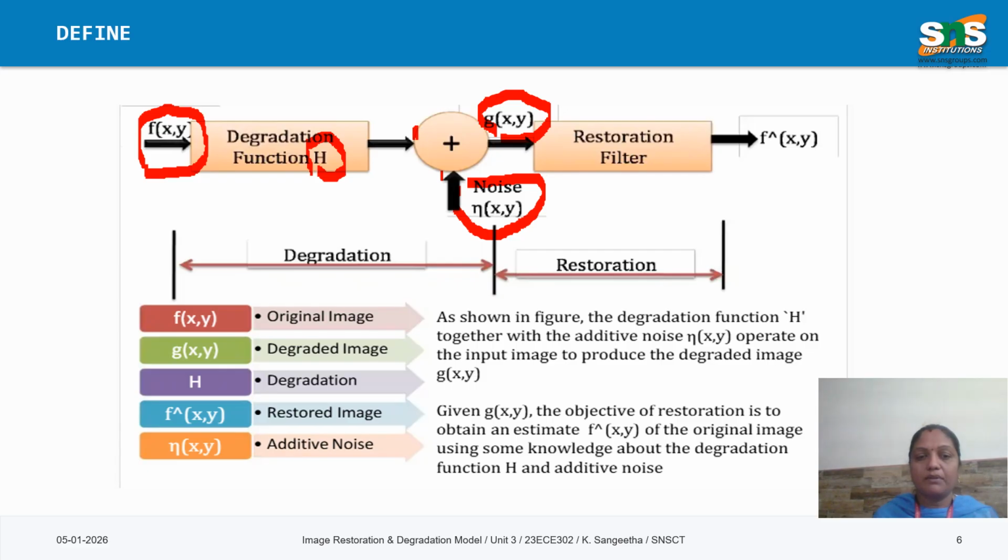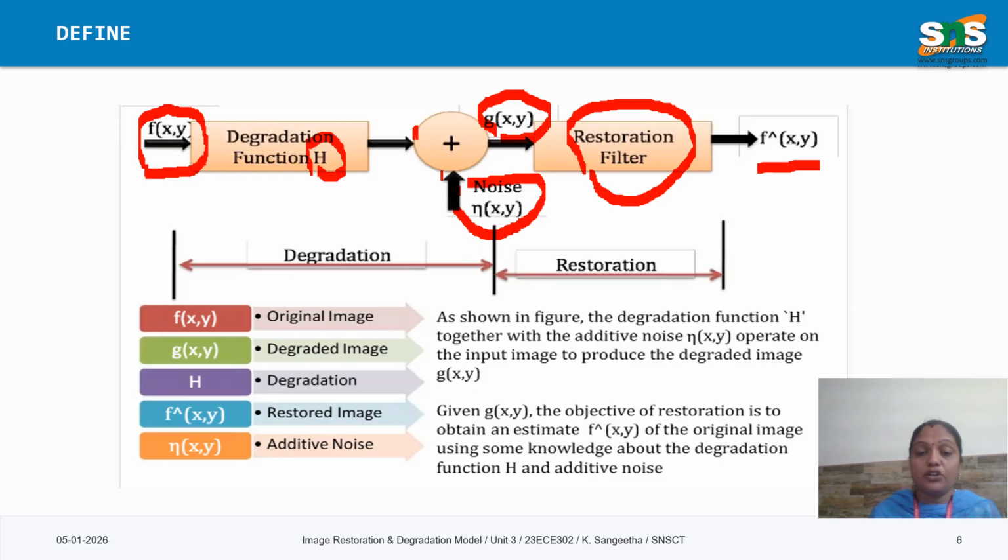So g of x comma y is the degraded image, and it is applied to the restoration filter, and after that we get f dash of x comma y, the restored image. Here g of x comma y is the degraded image, f dash of x comma y is the restored image, and eta of x comma y is the additive noise.